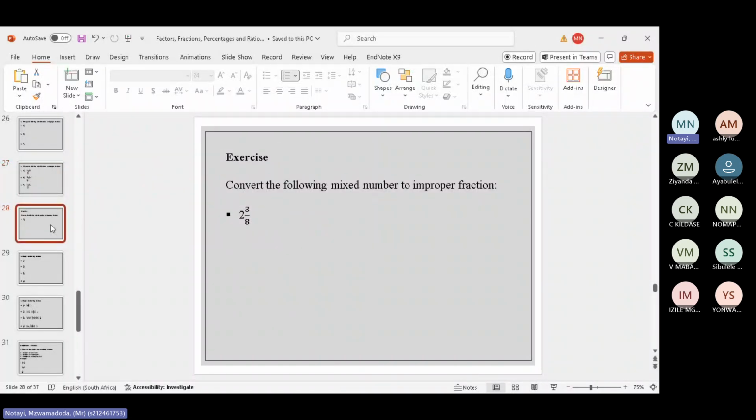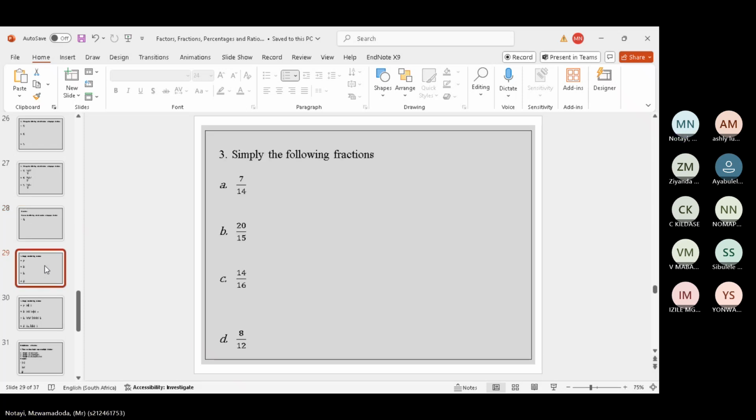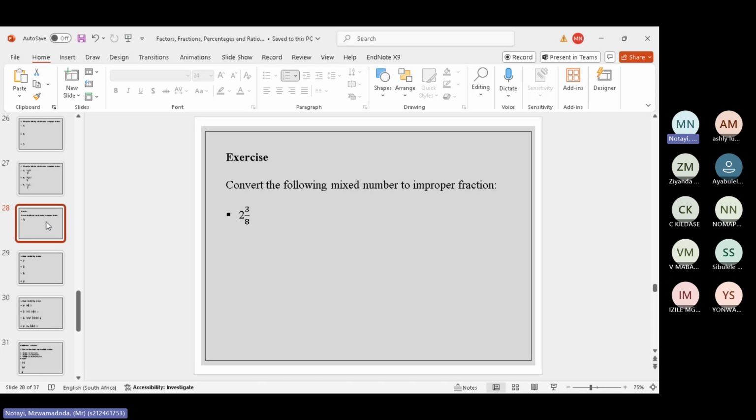Okay. So the exercise, convert the mixed fraction to an improper fraction. That is 2 and 3 over 8. Can you convert that into an improper fraction? Okay, let's start there. Convert that mixed fraction into an improper fraction.